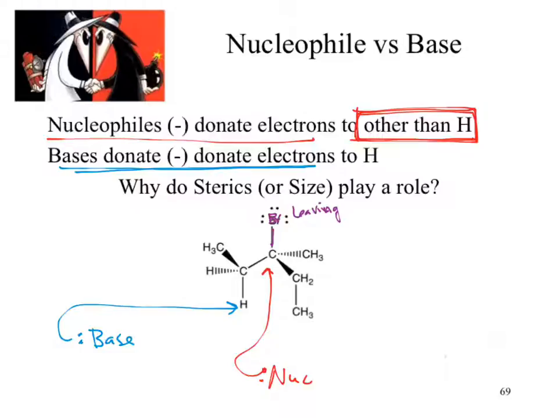If I want it to act as a nucleophile, that species sharing electrons needs to share those electrons with something other than hydrogen. So carbon's our standard right now. Where is carbon in our structure? In the middle of the structure. It is buried behind a bunch of other stuff. What is that other stuff?